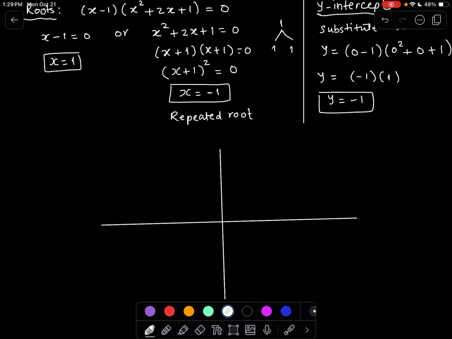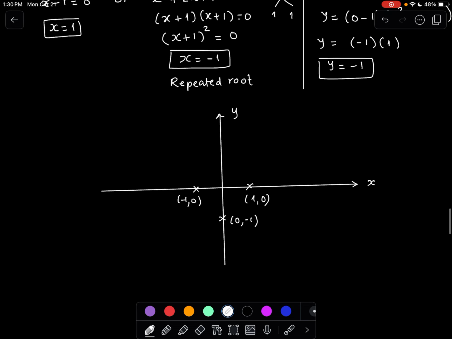So label your axis x and y. We're having positive 1, 1 comma 0, negative 1 comma 0, and we have the y-intercept as negative 1, so 0 comma negative 1. We have a repeated root at this point, and we also know that the graph is going to be uphill and it should touch at the repeated root.